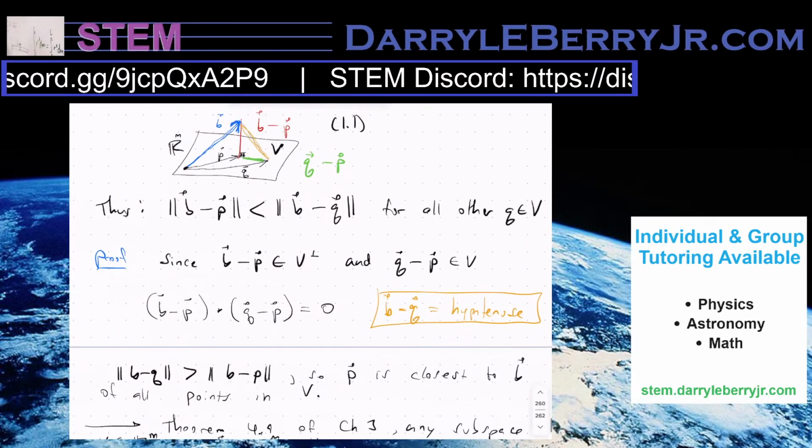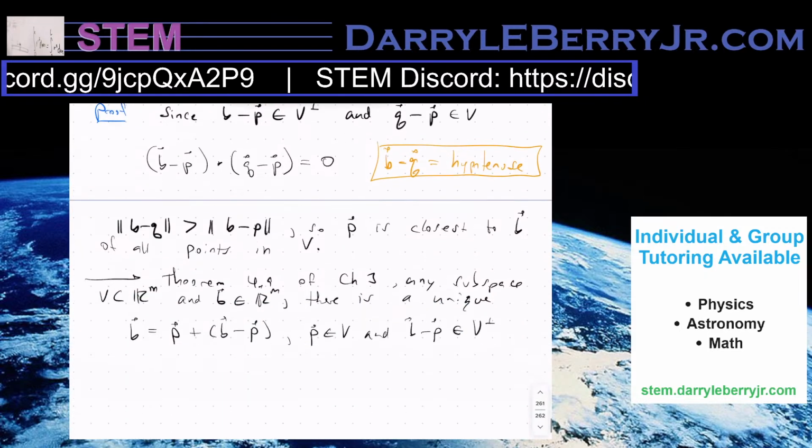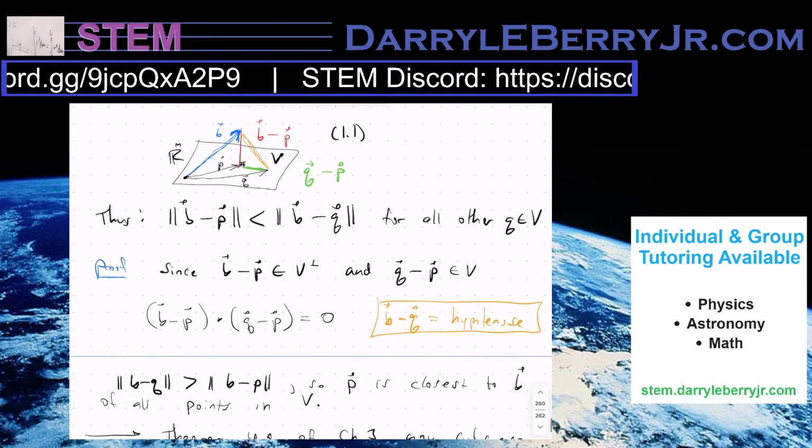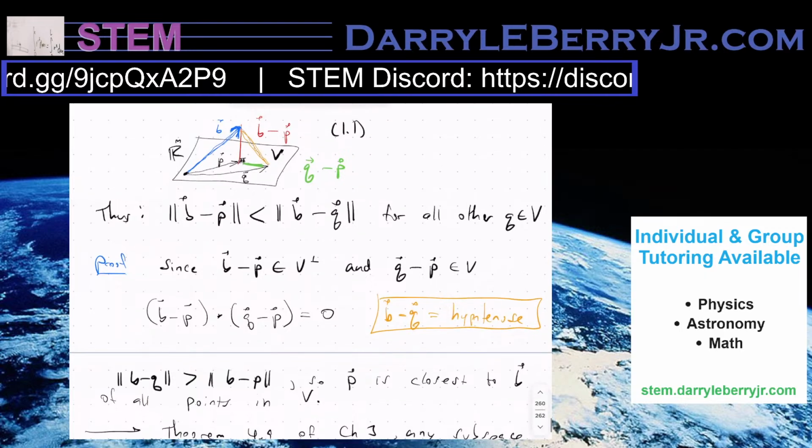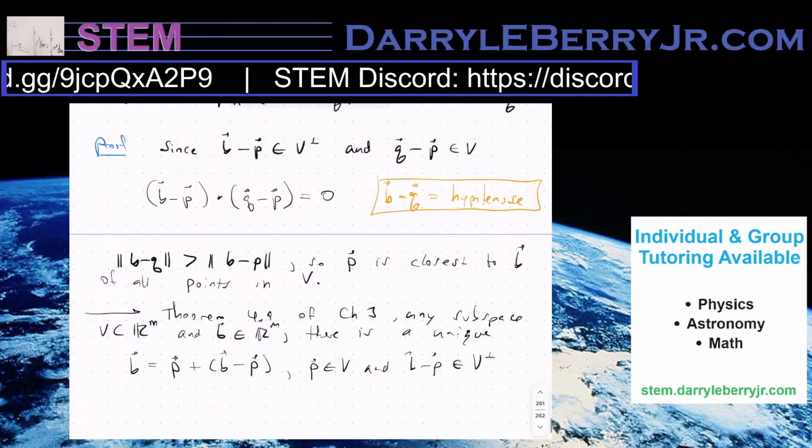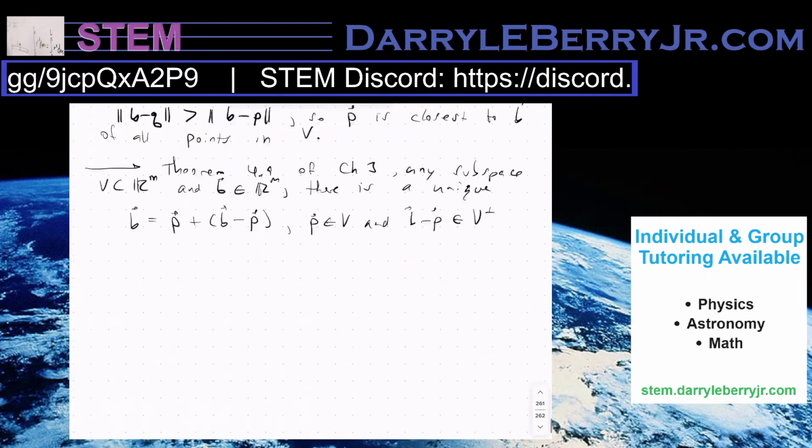B equals P plus B minus P. Makes sense. Now let me actually draw this to make this more clear.